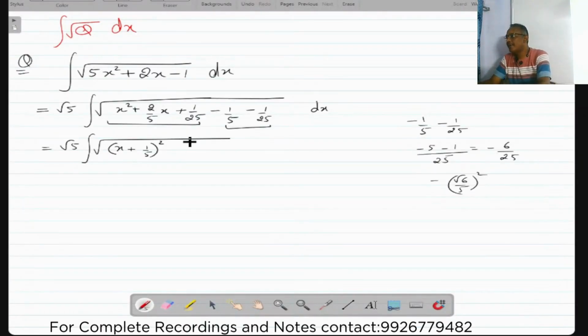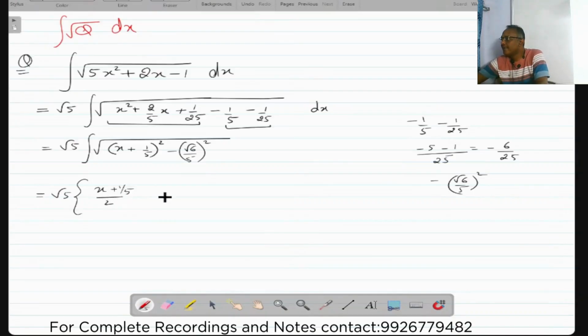So I'll have a minus root 6 by 5 whole square. Is that fine? Yes. Formula says, this root 5 I took outside. Formula says x by 2, so x plus 1 by 5.